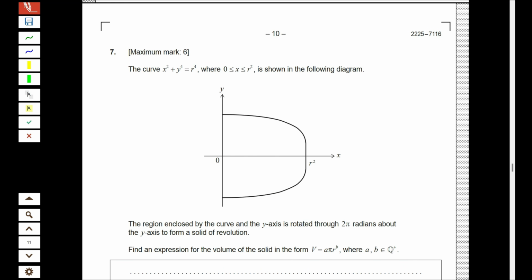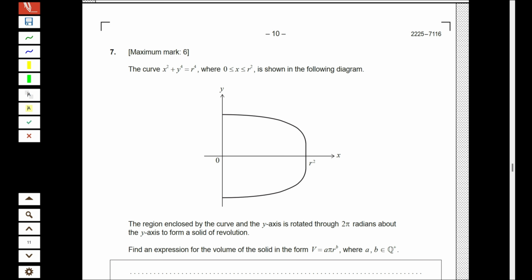Question 7. The curve x squared plus y to the power of 4 equals r to the power of 4, where x is between 0 and r squared, is shown in the following diagram. The region enclosed by the curve and the y-axis is rotated through 2 pi radians about the y-axis to form a solid of revolution. Find an expression for the volume of the solid in the form a pi r to the power of p.